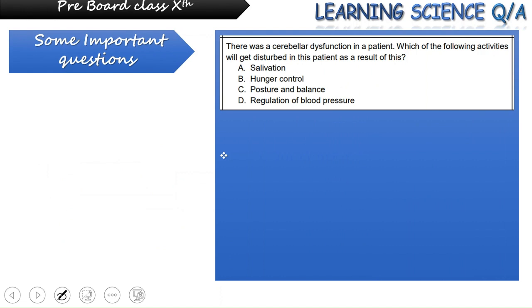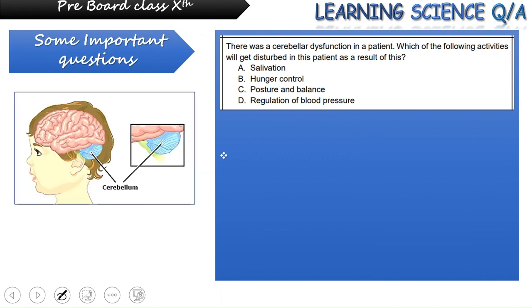The next question says there was a cerebellar dysfunction in a patient. Which of the following activities in the patient will get disturbed as a result of cerebellar dysfunction? The cerebellum is majorly involved in the coordinated movements done by the body.